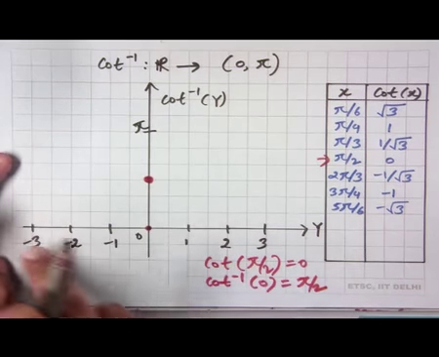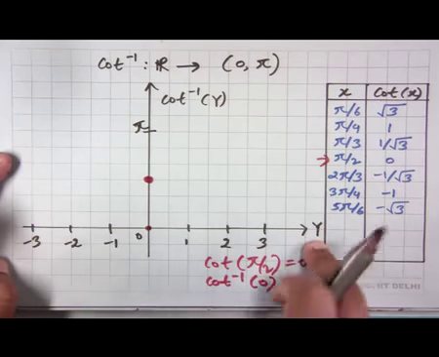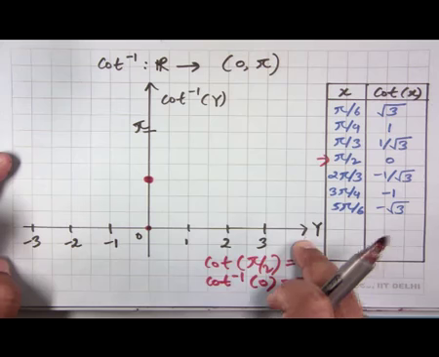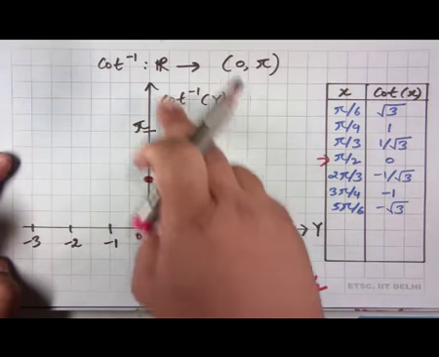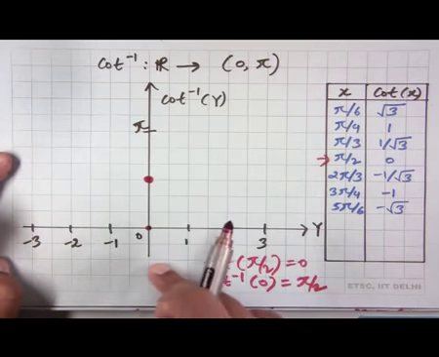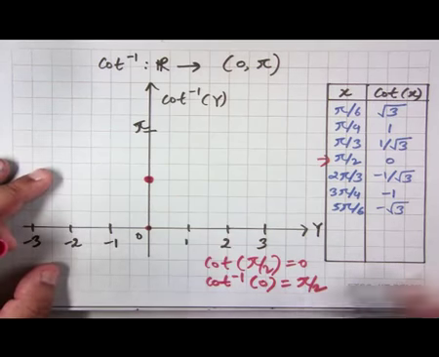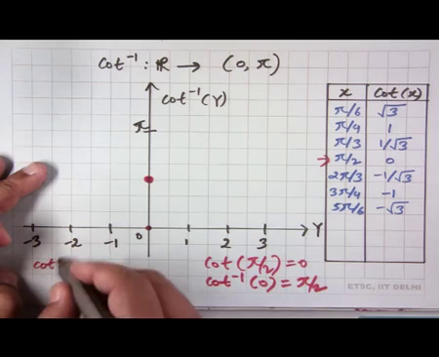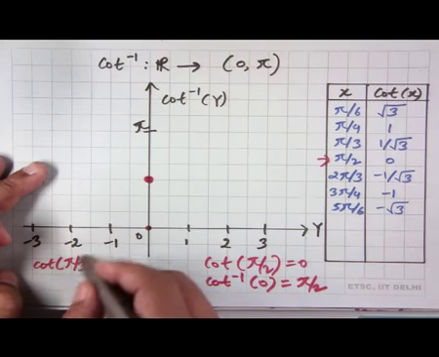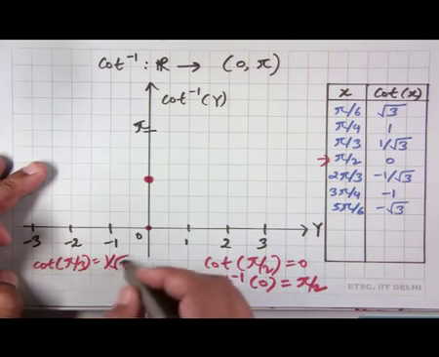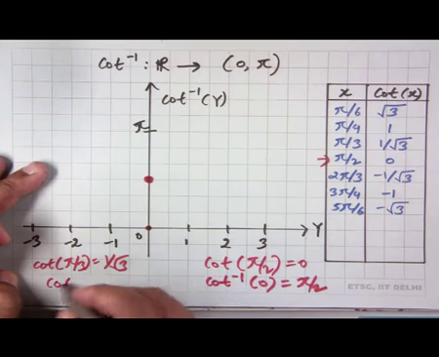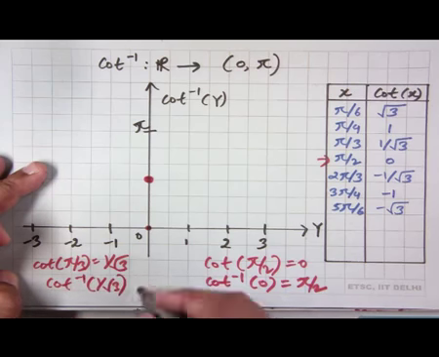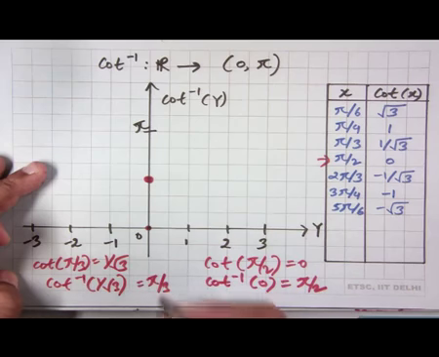Here in the graph we have y plotted on the horizontal axis, and the corresponding cot inverse of y will be plotted on the vertical axis. Similarly, we have cot of pi over 3 equals 1 over square root of 3, and therefore, cot inverse of 1 over square root of 3 will be equal to pi over 3.